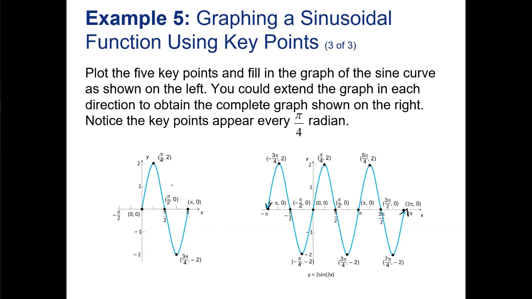By the way, any point that you've recalculated, you can find its corresponding point in the next period by adding the period to it. So it's going to happen at a distance of pi. If I add another pi to pi over 2, I should be at a 0 again. If I add another pi to 3 pi over 4, I'm down at my negative 2 again.